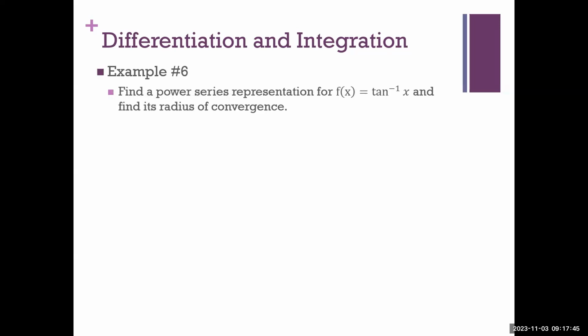So, same kind of story. I'm probably going to need a derivative or an integral to put this into a form where I can use all my geometric series tools. So what do you think? Derivative or integral? What do we know about the inverse tangent or the arctangent of x?